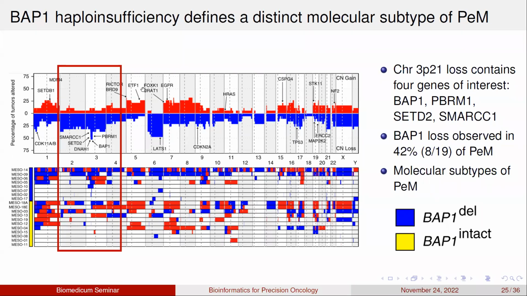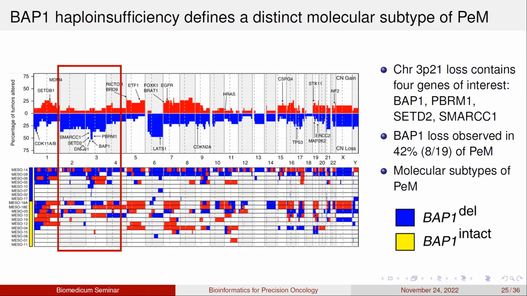The red indicates the gain of copy number, and the blue indicates the loss of copy number across the entire genome. The plot on the bottom is the same plot, but segregated by individual cancer patients. And we identified this locus in chromosome 3p21 that was deleted in almost half of the cancers.